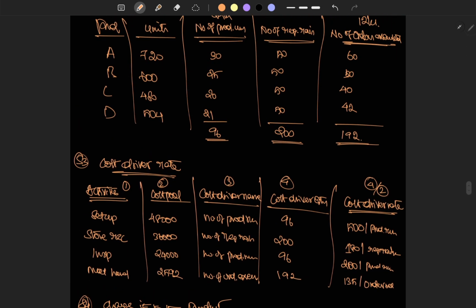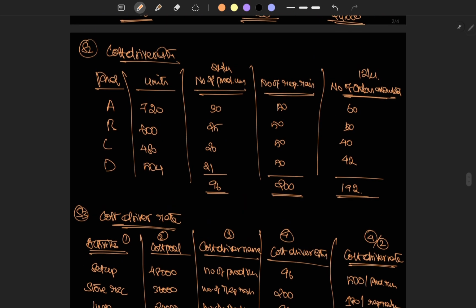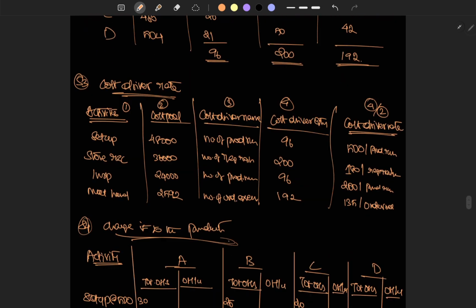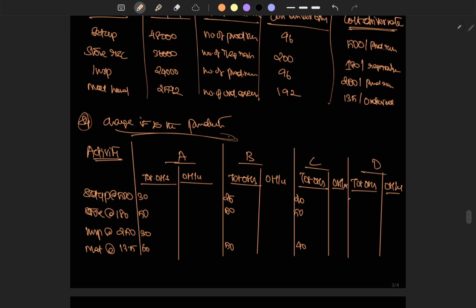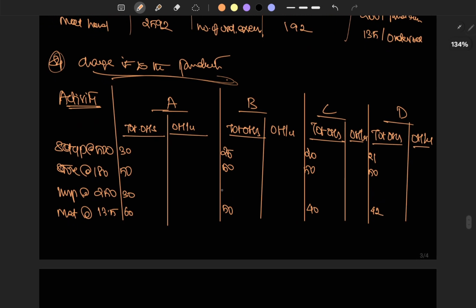For C, 20, 50, 40. For D, 21, 50, 42. Production run is the same cost driver name for inspection also.